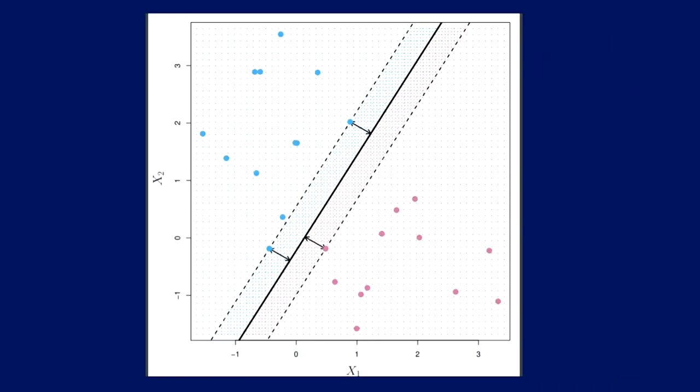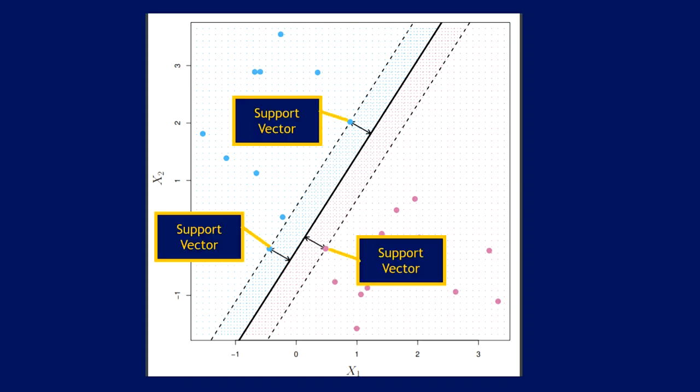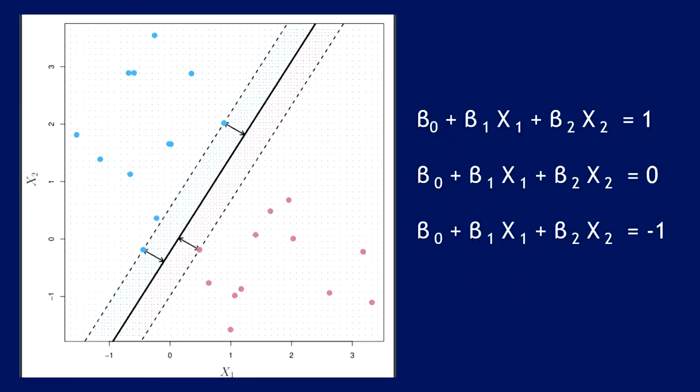How do we optimize the line? Well, we find the support vectors, we draw the margins, and we find the line that is far away from support vectors on both sides. Okay, so you can see in this particular example, we have 3 support vectors that are on the line.